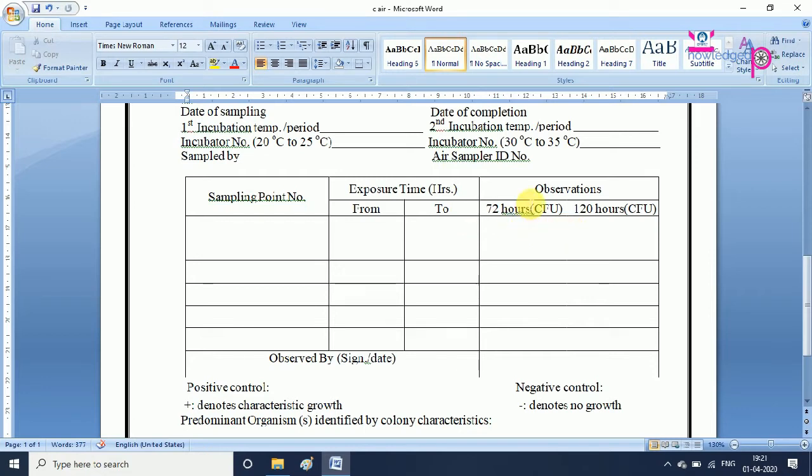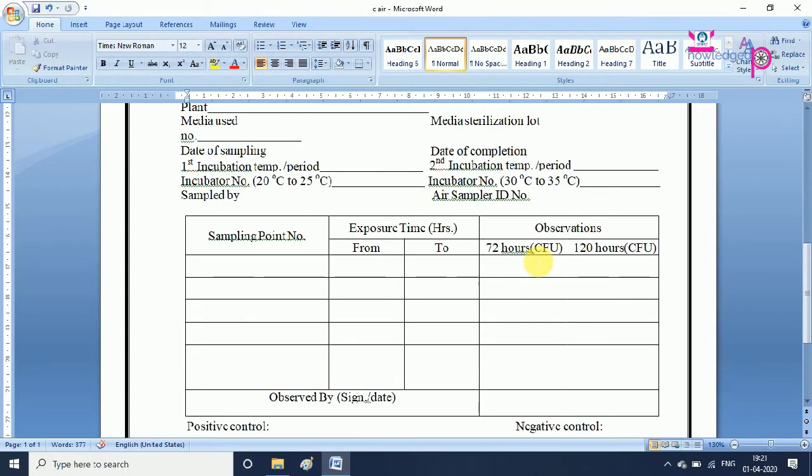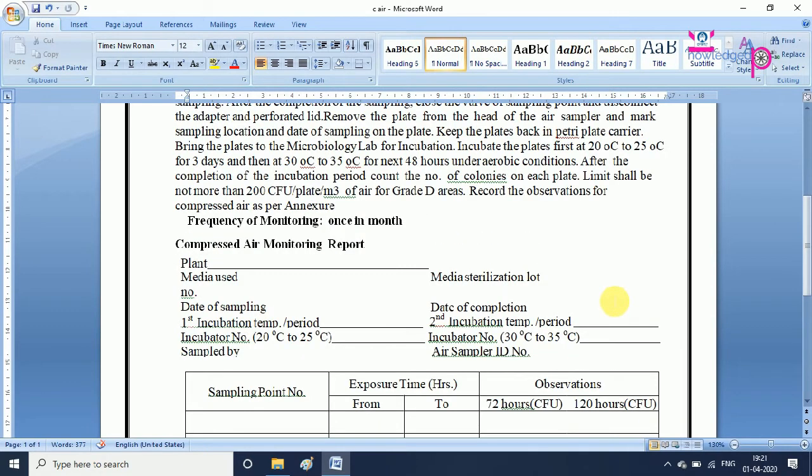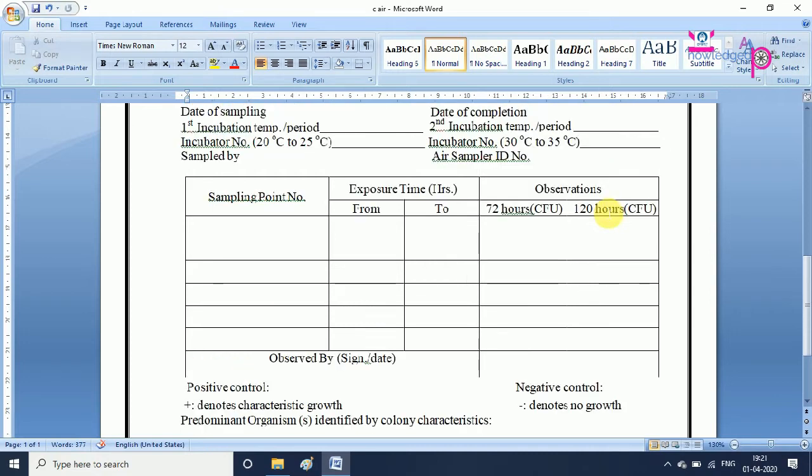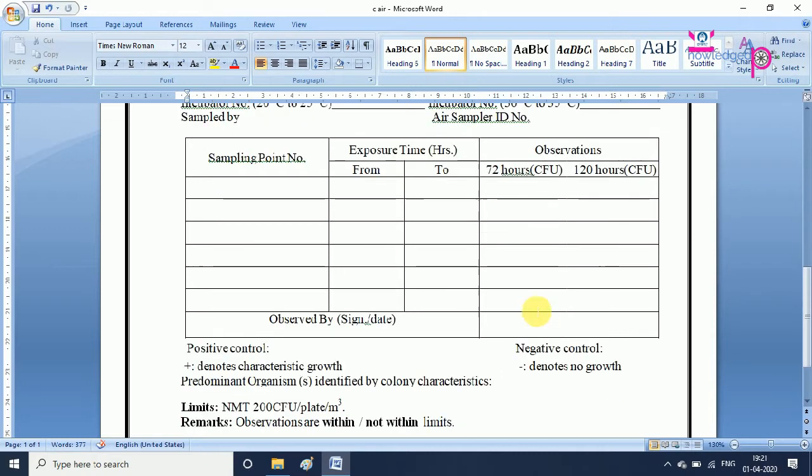Whatever the observations are, we have to write here. After 72 hours it is the same, but the temperature is different, 30 to 35, and the incubation period is 120 hours. After the completion of the incubation, we have to write the colony forming units observations here.